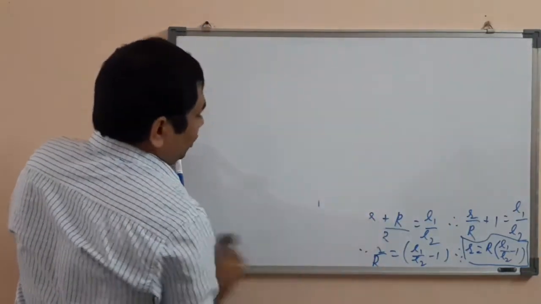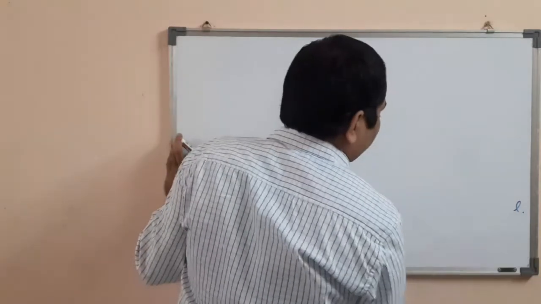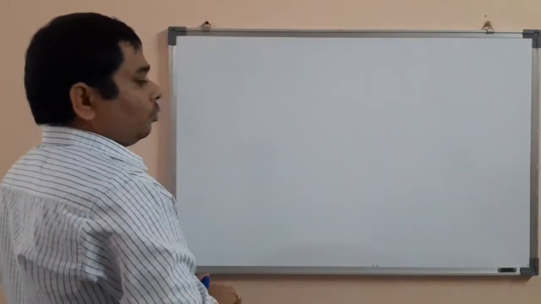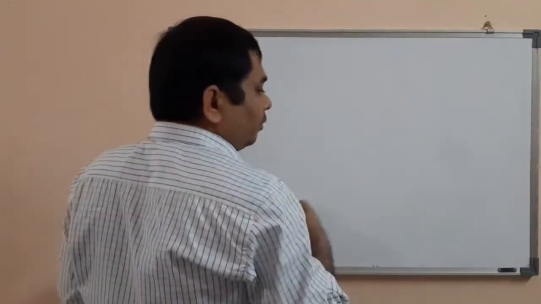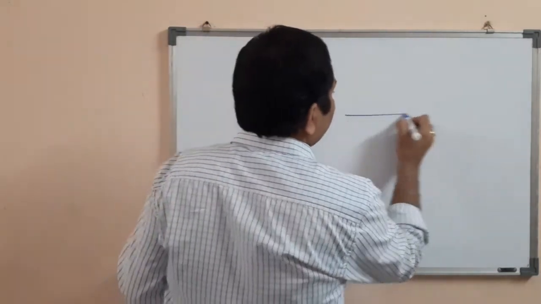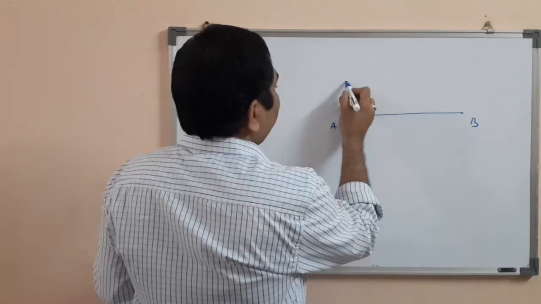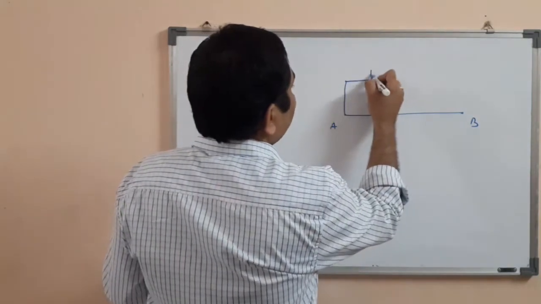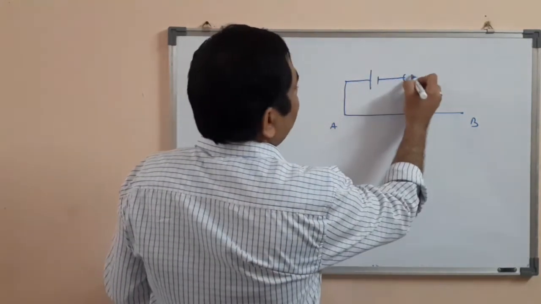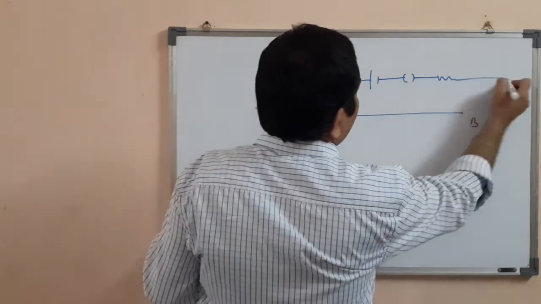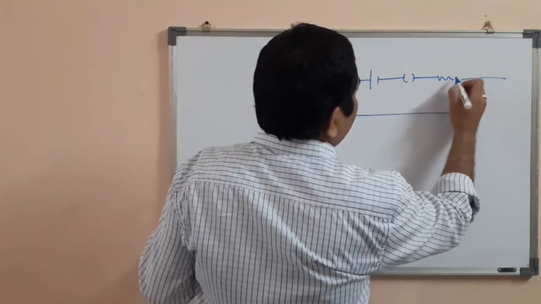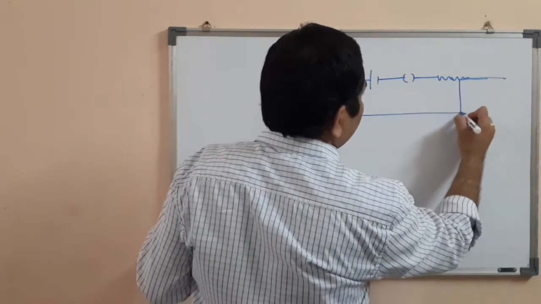Now suppose we have got some instrument to be used. What we will do is, we will connect this potentiometer. See, this is suppose potentiometer wire AB. Now we have connected a driver cell here through a key and then through a rheostat.